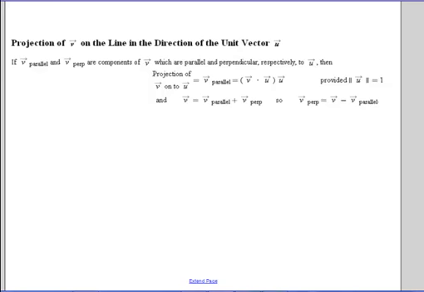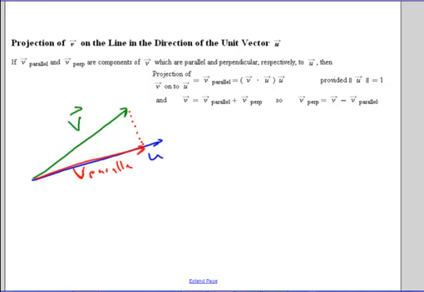Well, the idea of V perpendicular is that, again, here we have our vector, we'll call this our vector V, and here is U. So this is V parallel, and this is V perpendicular.